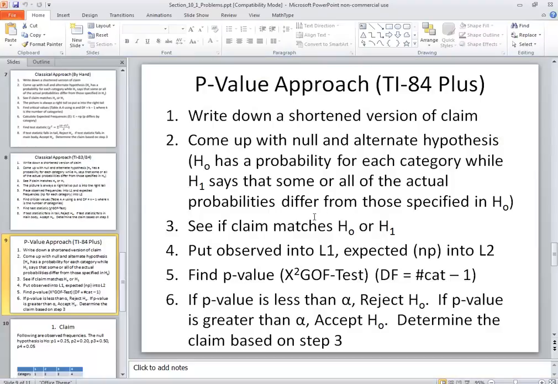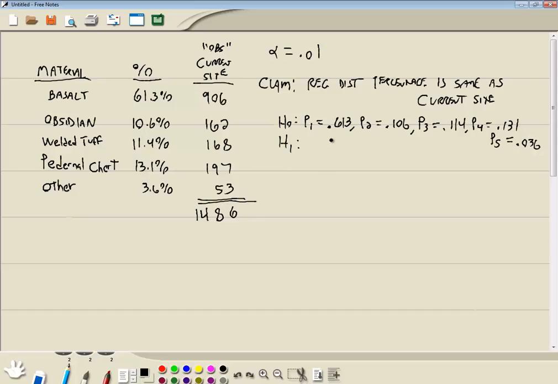And H1 says some or all the probabilities are different from those specified in H0. Okay, well, our claim is that they're the same, and that would mean that we're asking about H0.